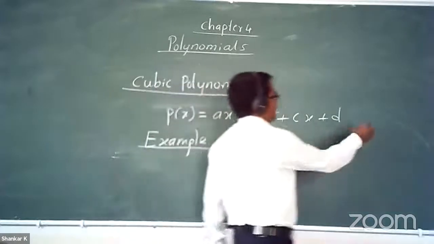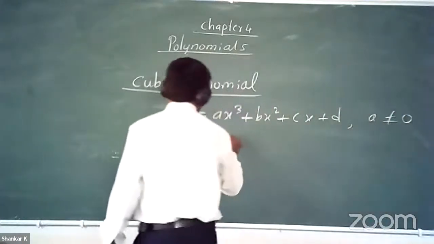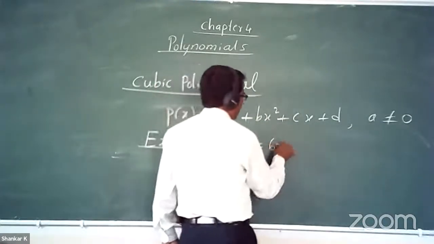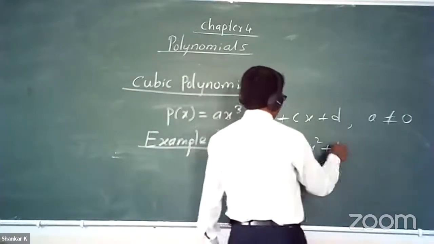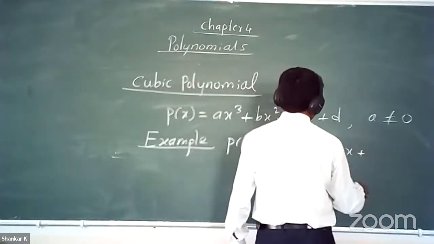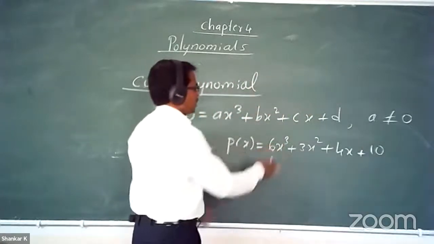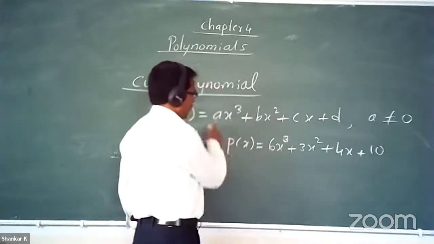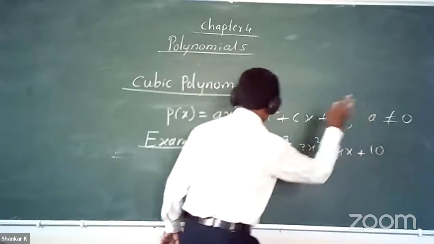Here a should not be 0. An example: p of x equal to 6x cube plus 3x square plus 4x plus 10. The highest power of x is 3, so it is a cubic polynomial. A is 6, b is 3, c is 4, d is 10.